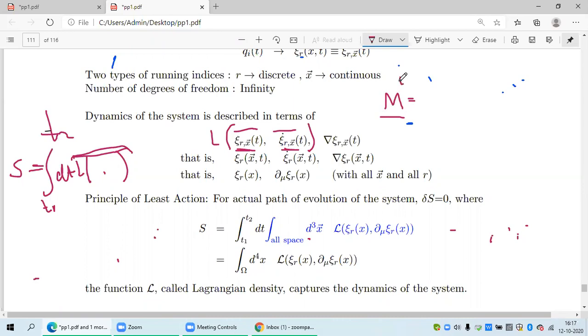Or let's say, suppose at a particular time you find the energy of that system. But that system is not a single particle, it is an extended object, a bulk system. So it is possible you can write it in this way.